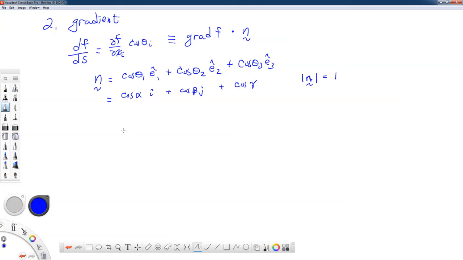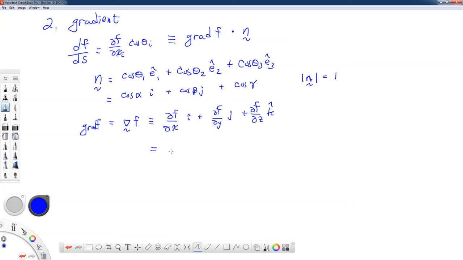And the other term, the gradient term, we're going to use a special symbol, del f. Okay, so grad f, same thing as del f. It's going to be defined as a vector that's made of these rates of change: partial of f with respect to x in the i direction, plus the partial with respect to y in the j direction, plus the partial of f with respect to z in the k direction.